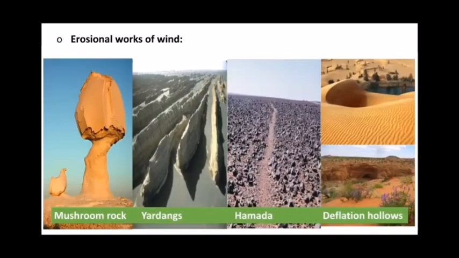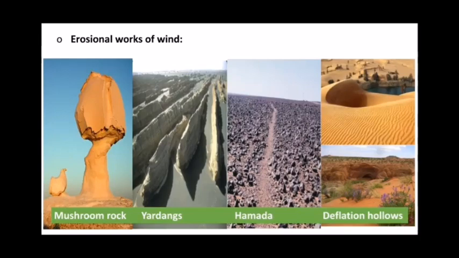Further, we will see the erosional work of wind. So children, wind carries small sand particles, small pebbles, etc. along with it. These particles cause erosion along rocks coming in the way due to friction. As the wind blows, it has tiny particles of pebbles and stones.